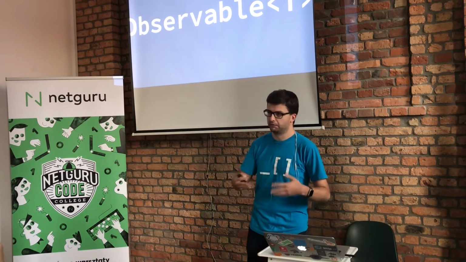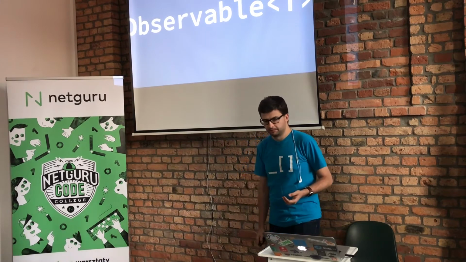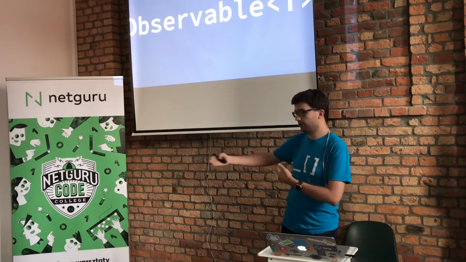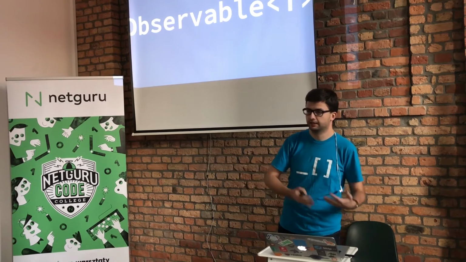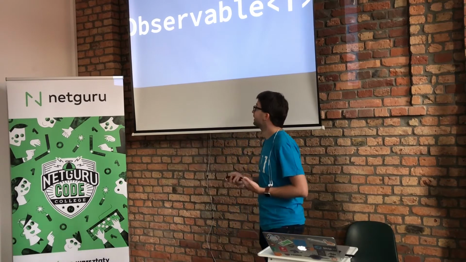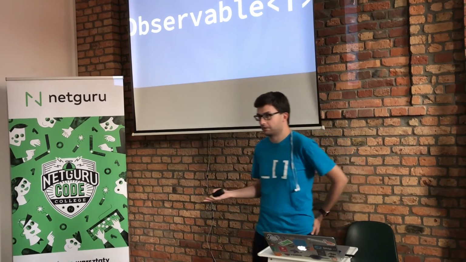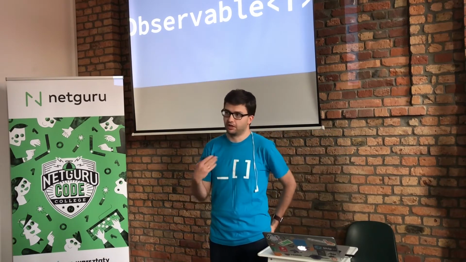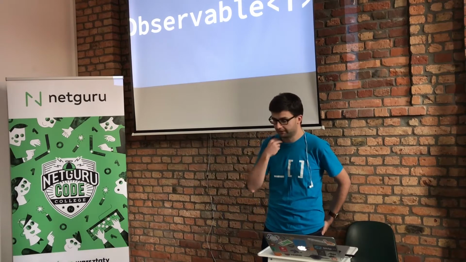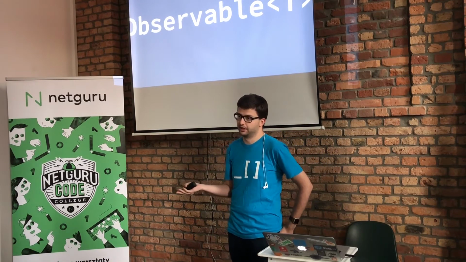So they are not available at the same moment. The sequence of values in time might be finite, might not be finite, and it might also error out. So there are a number of things going on in the observable. It's one of the wider types, the ones that can show a lot of meaning to the other programmer. And this is also why I think of observables as the most dynamic of the container types that I usually use.